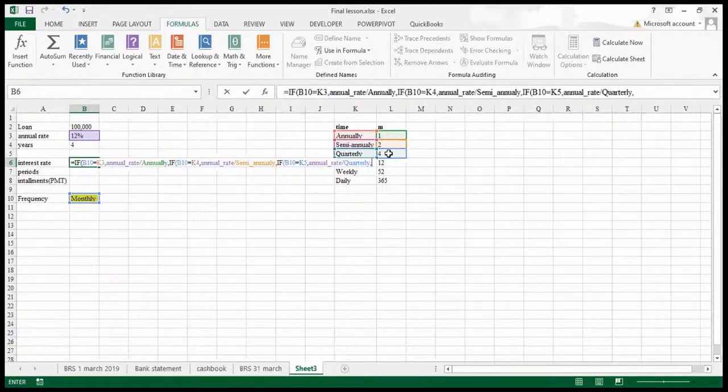Comma, if this frequency is equal to monthly, comma, then it should take the interest rate here per annum, divide by the number of months in a year, which is monthly, as we defined the cell.